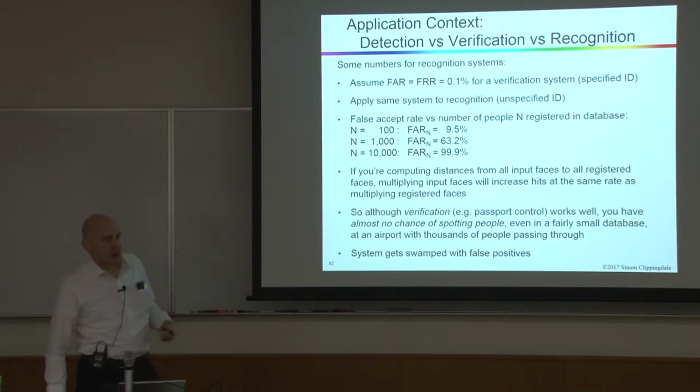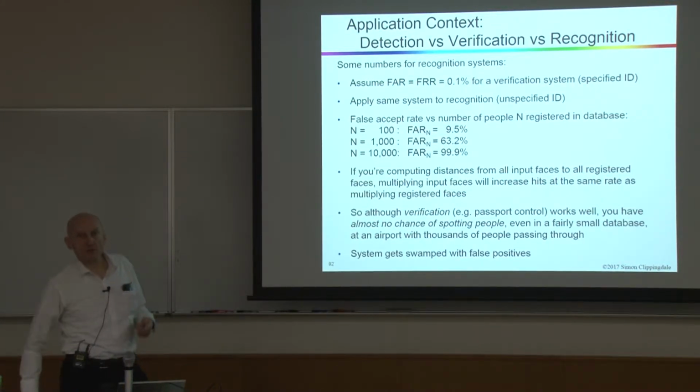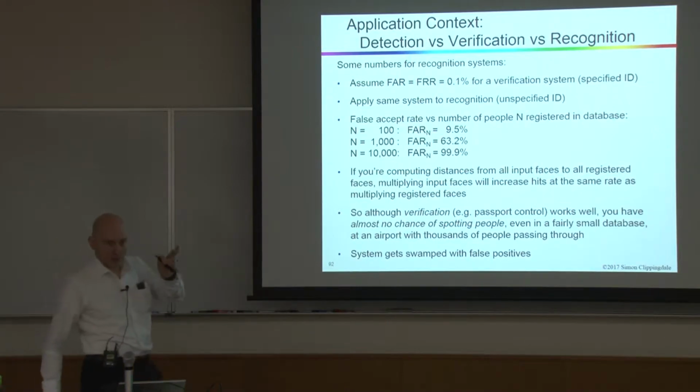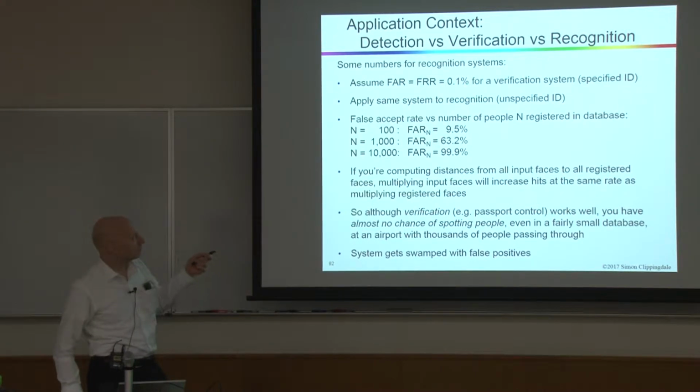I'll try to explain why. If you assume, for example, a system with a 0.1% false accept and false reject rate, where it's used in the context of verification, one-to-one matching, 1 in 1,000 times it gets it wrong.